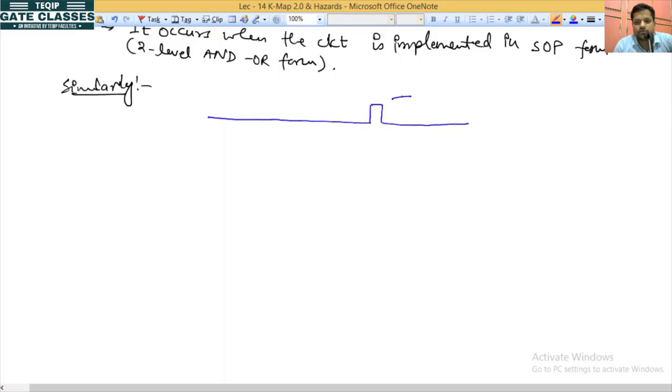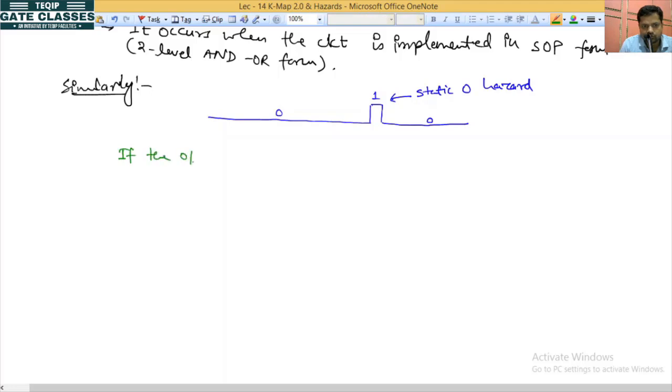So this type of hazard is called static zero hazard. We are expecting 0, but for a very short period of time it changes to 1.